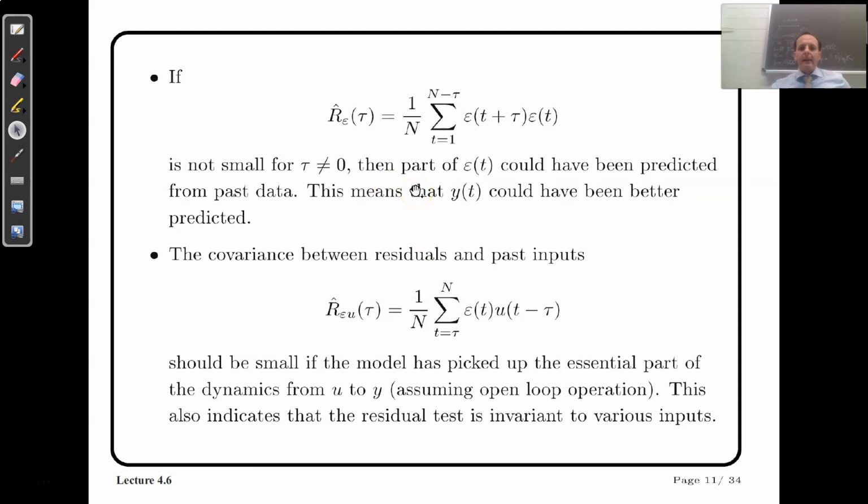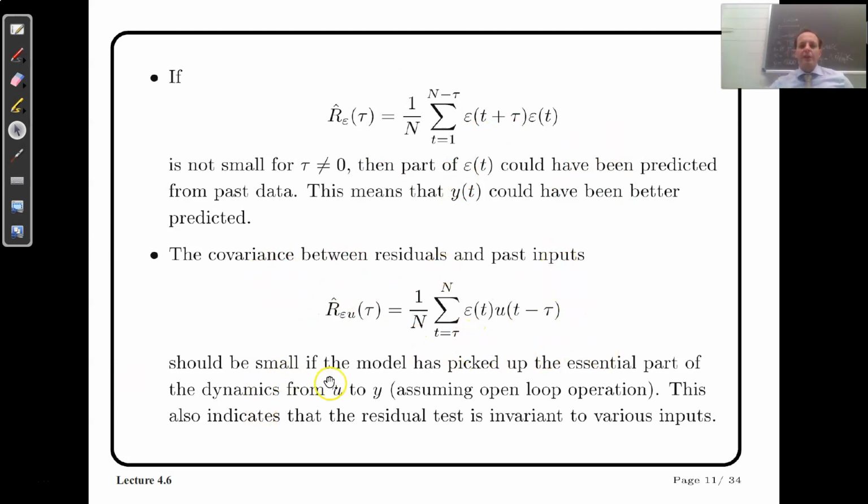When tau is not small, epsilon contains the part of the data that cannot be predicted. And if this happens, it means that y could have been better predicted. There is also this autocovariance, or cross covariance, between the residual and the past inputs.